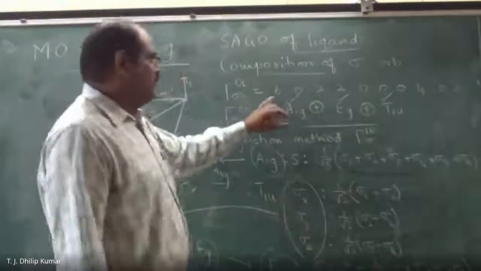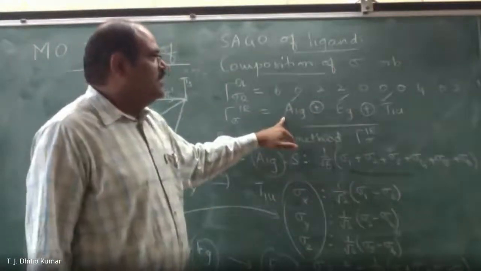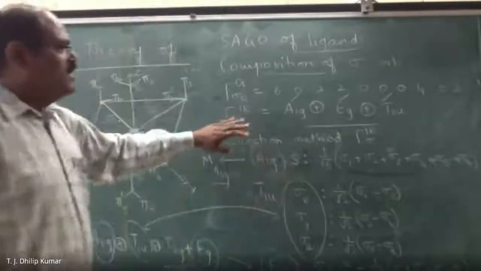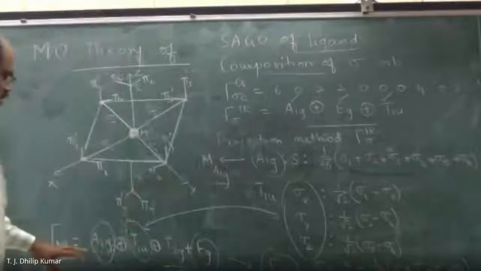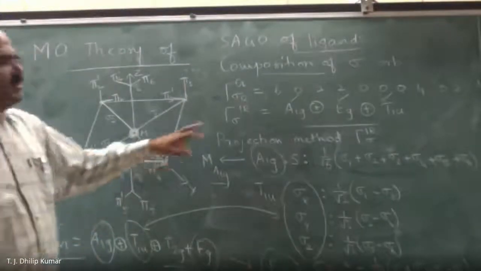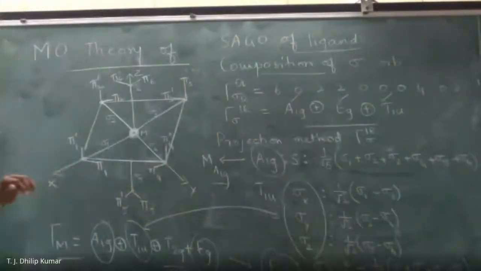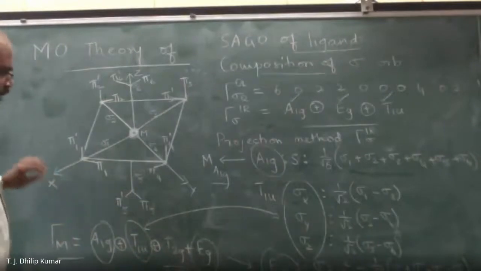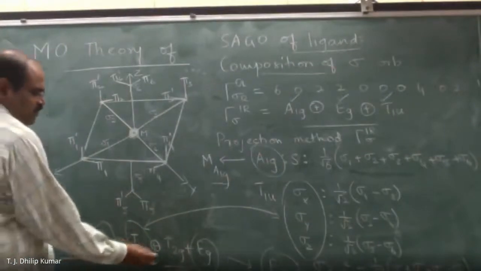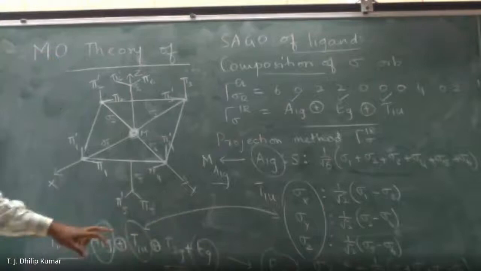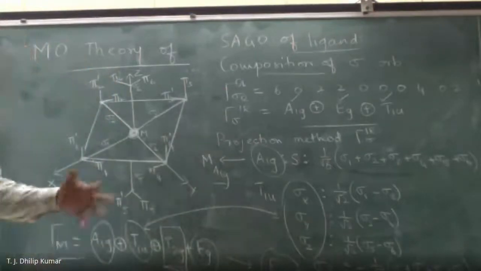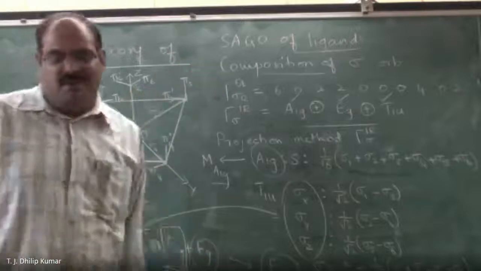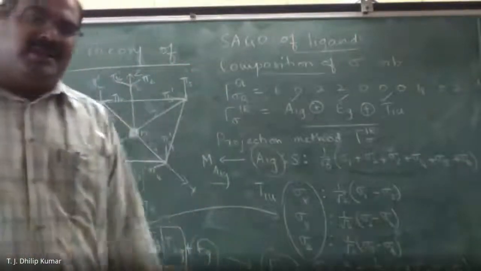For sigma type, we wrote its basis, and then what is surviving we have written, the reducible representation we have written, and then we are correlating the symmetry of the metal with the symmetry of the sigma orbitals. So far we have accounted for the metal's 3 orbitals: A1g, T1u, Eg. And what is left is T2g in the metal. That will overlap with the pi orbitals of ligands, which we'll see in the next class. Okay.